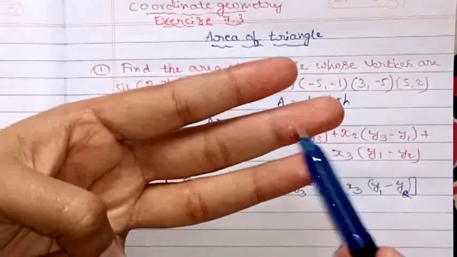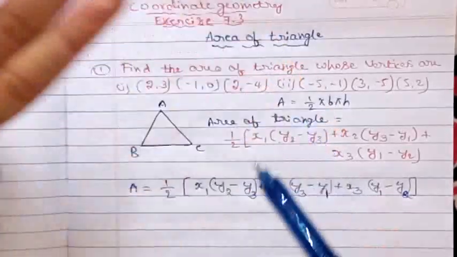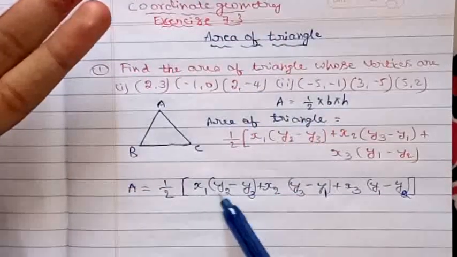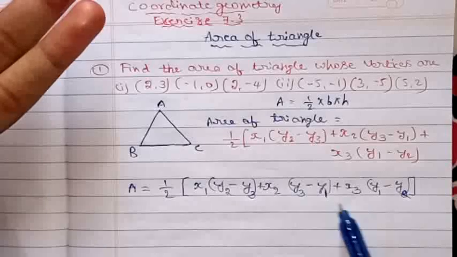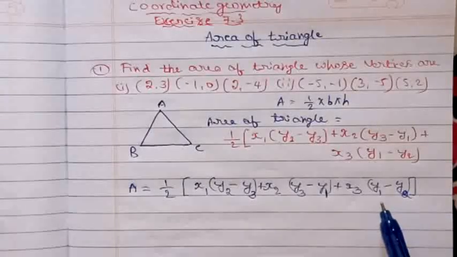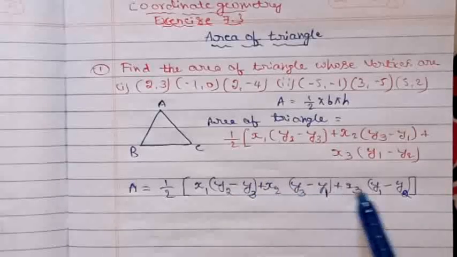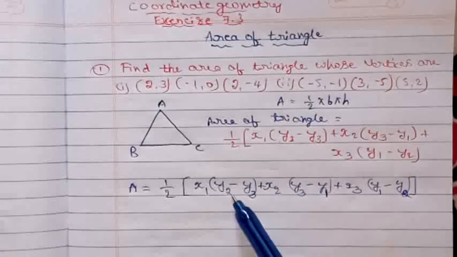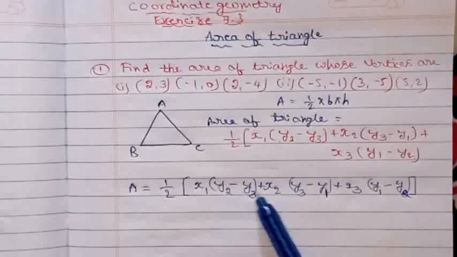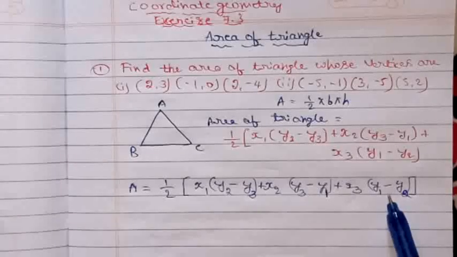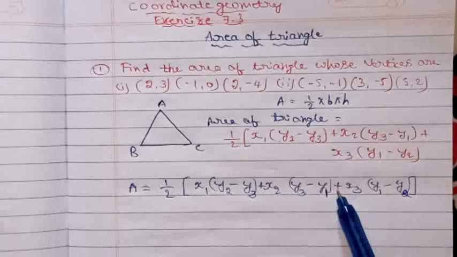So as usual, first write half into x y y, x y y, x y y. This is the first step. Afterwards write the brackets for the y terms. Afterwards you need to write down the symbols: minus here, minus here, minus here. Afterwards write plus and plus. Simple.